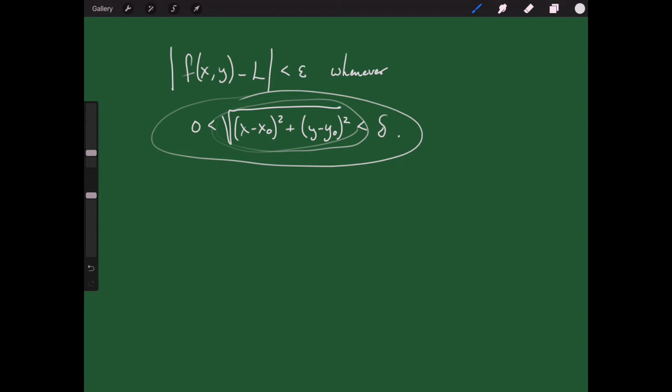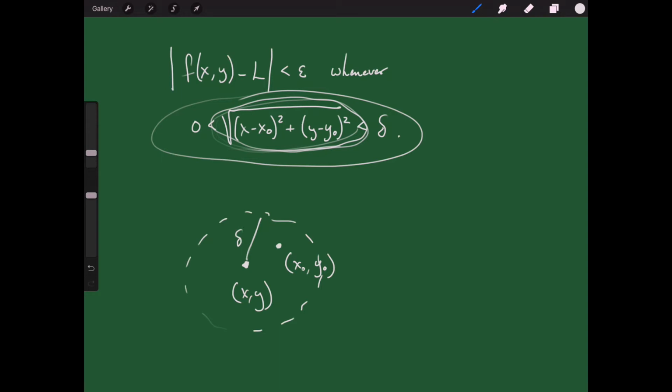And it's saying that if you get this number small enough, in other words, if you get the point x, y and x0, y0 close enough to each other, so let's say we have a point here, x, y, and we have another point here, let's call this x0, y0, and this is a circle around x, y, and let's say it has radius delta.